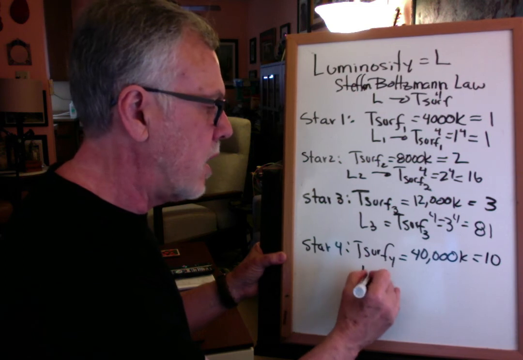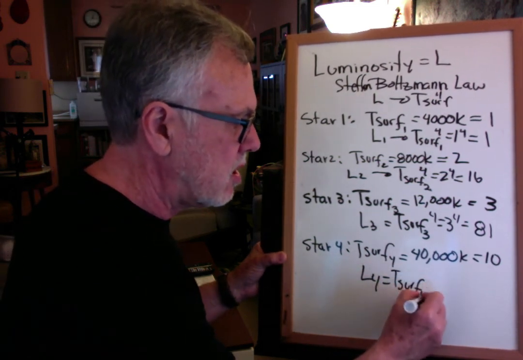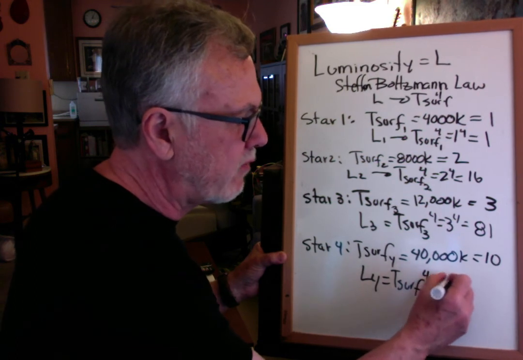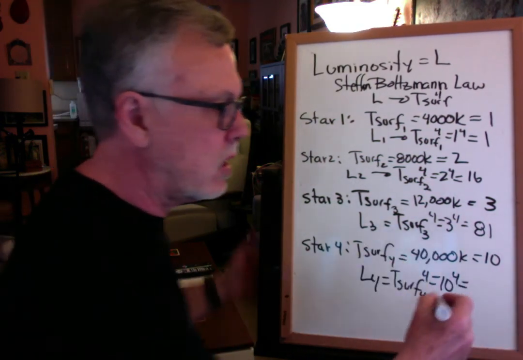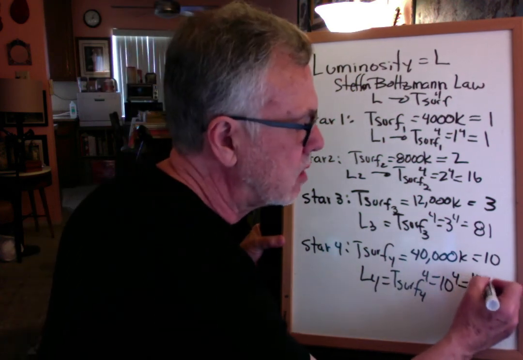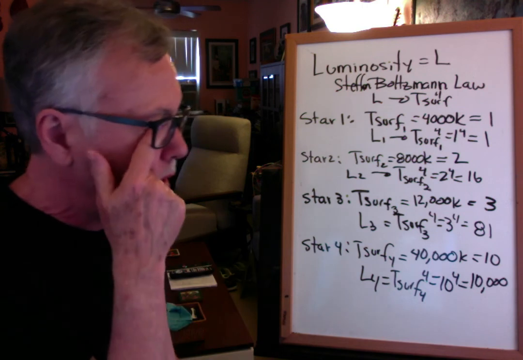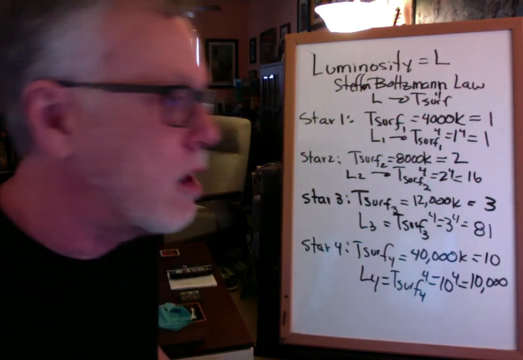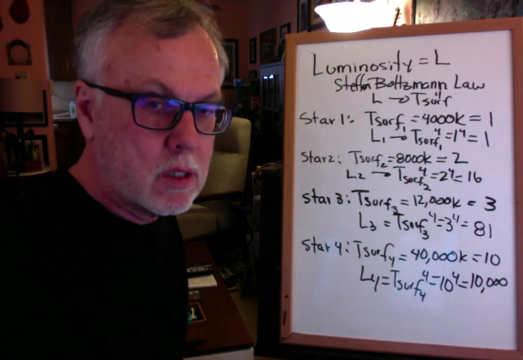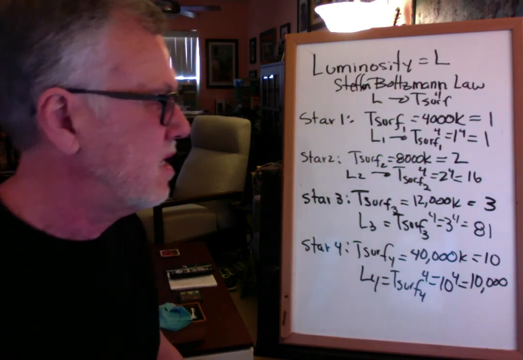So its luminosity is related to its surface temperature to the 4th power, which is 10 to the 4th power, which is 10 times 10 times 10 times 10, which turns out to be 10,000 times as much energy flowing out of every square meter. And this would be an O star, one of the hottest O stars, which is the hottest star within the spectral classes.